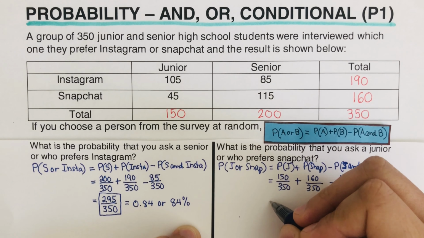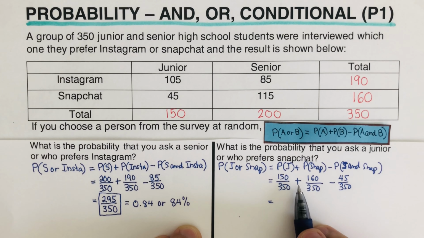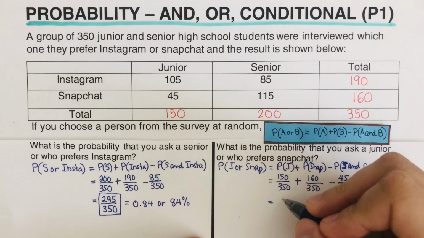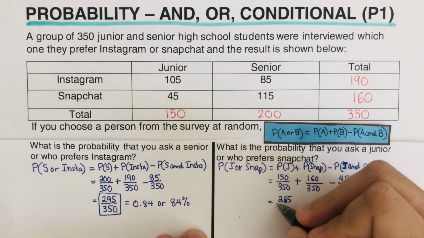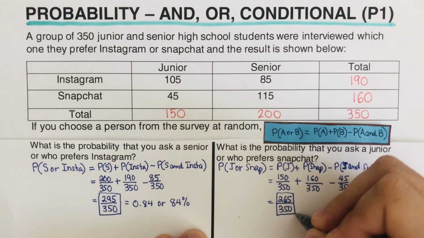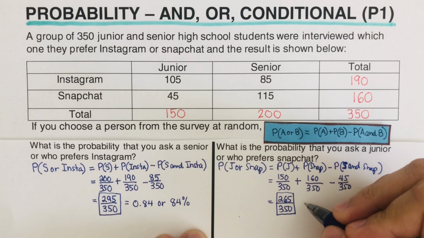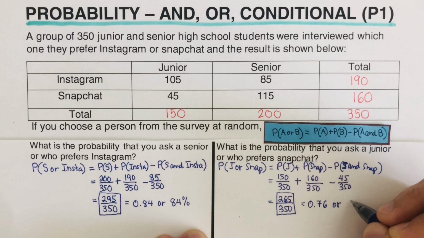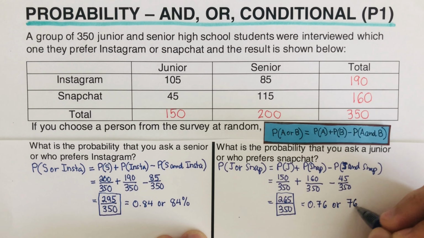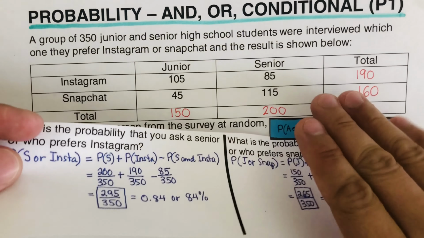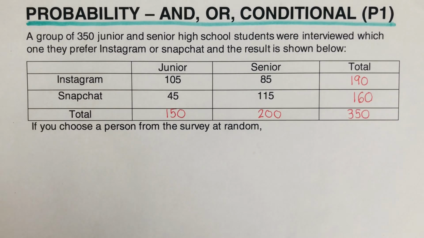So if we add 150 plus 160 minus 45, that is 265 over 350. And if we want to change this to decimal, this would equal 0.76 or 76%. Did you get 76% as your answer here? Good. Perfect. Now let's move on to the next example right here.